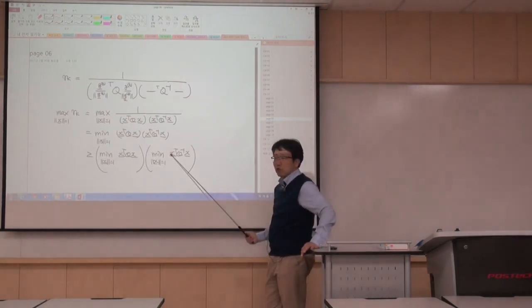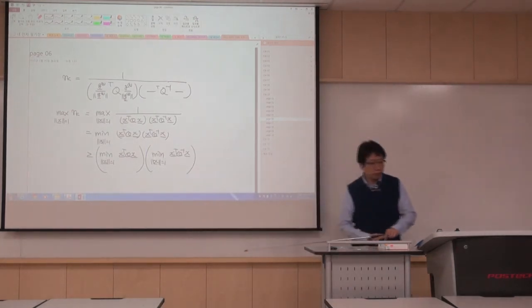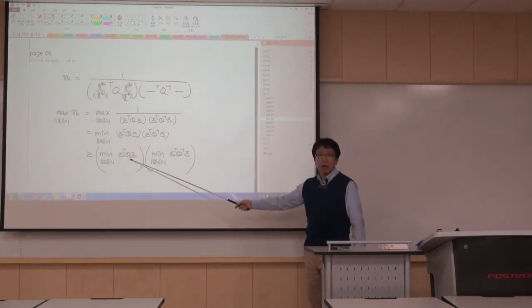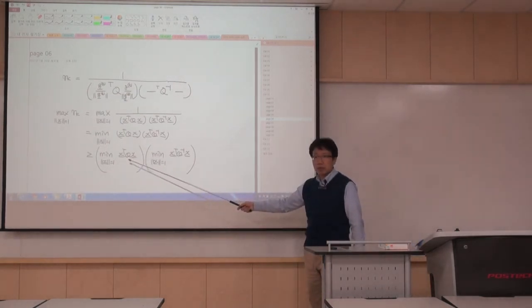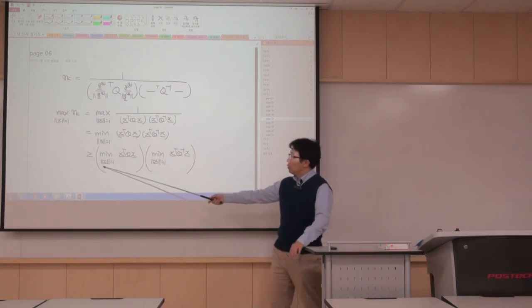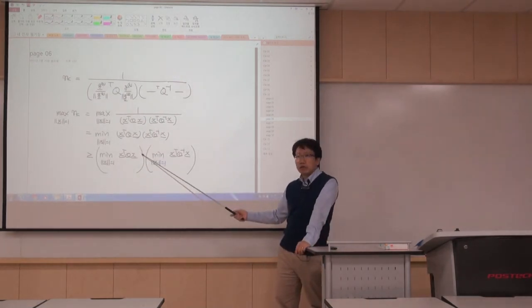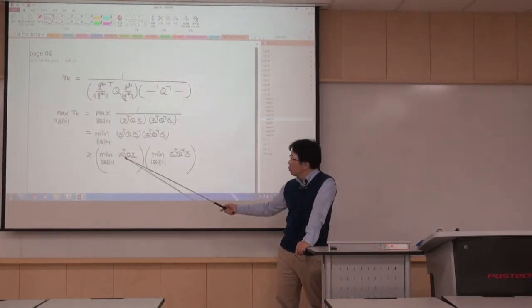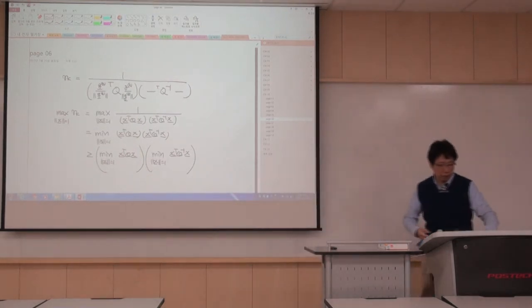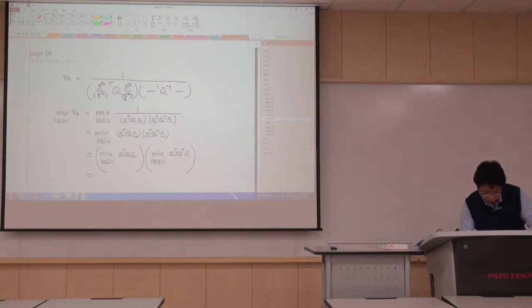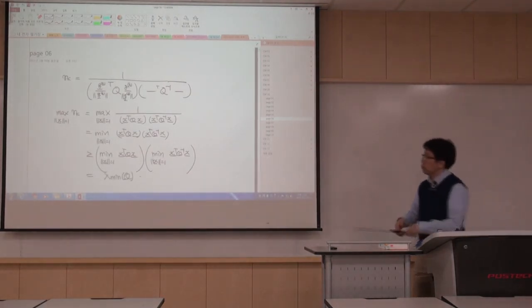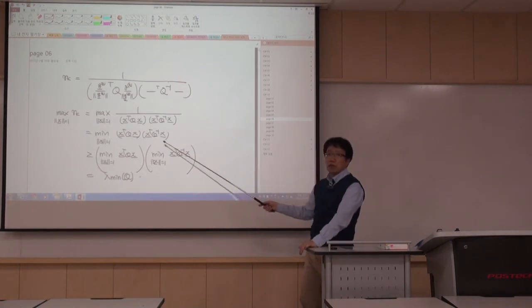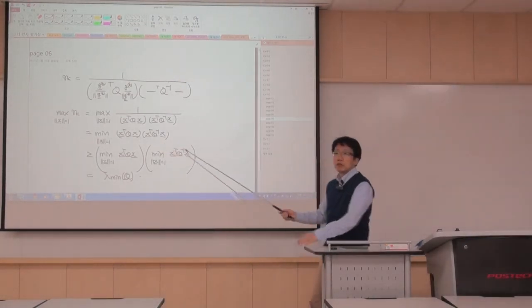Right? So what? Now let's apply Rayleigh's inequality. What is the minimum value of this one? The minimum eigenvalue of Q. Let's say that is lambda min of Q. Then what about this one? We may say that lambda min of Q inverse.